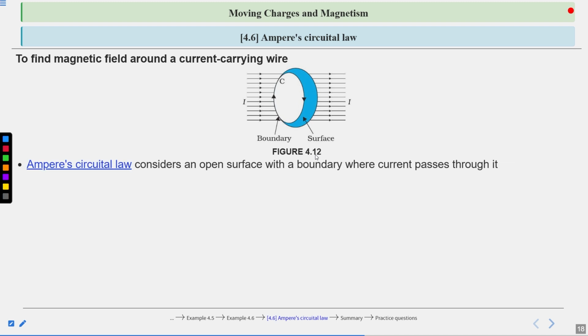Ampere's circuital law considers an open surface with a boundary where current passes through it. So there is an open surface, you can see it in the diagram, and you can consider it like a lemon. You have cut it, but not from the halfway; you have cut it from some end. So one end is open now.